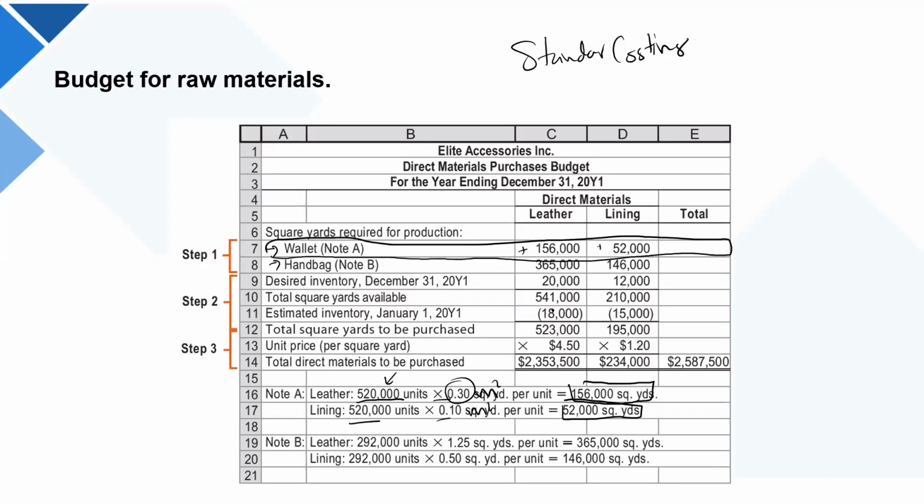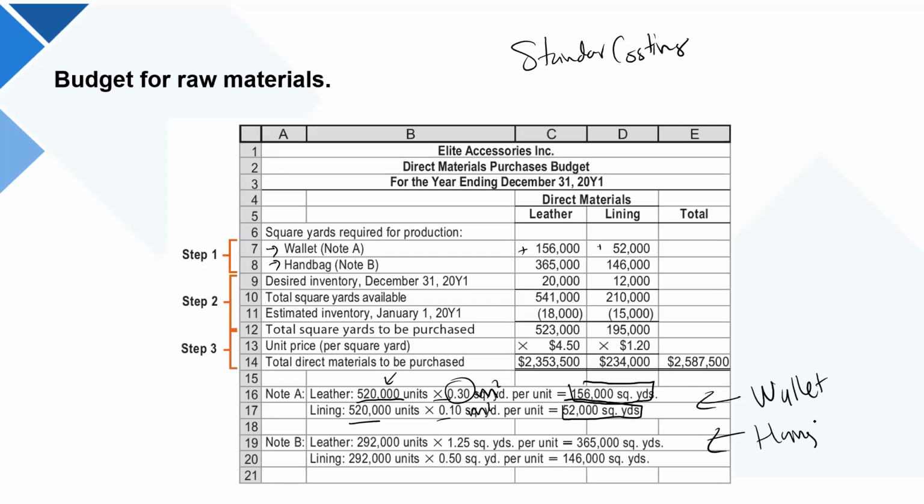Okay. And as I am doing it for raw materials, I put the same raw materials for different products in the same line. So I do the same exercise with the handbags, and this will be wallets, and this will be handbags. And again, if you want to look for the formula, it's the standard costing formula.